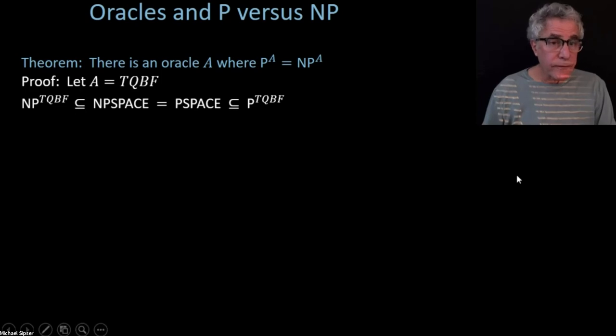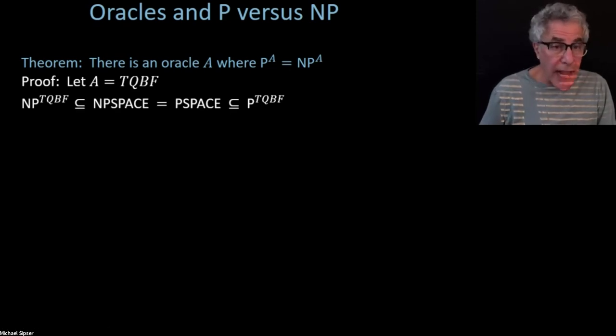Well, here's the whole proof. If I have NP with a TQBF oracle, let's check each of these steps. I claim I can do that with a non-deterministic polynomial space machine, which no longer has an oracle.